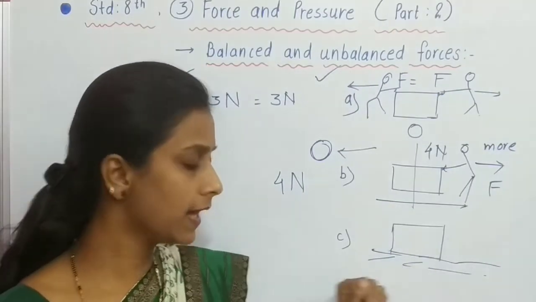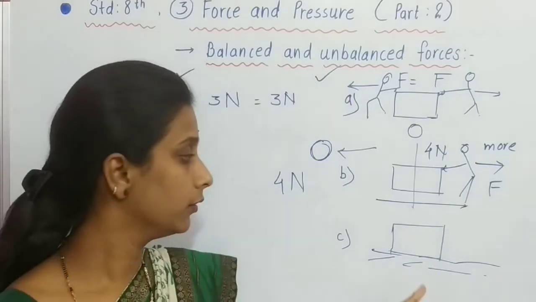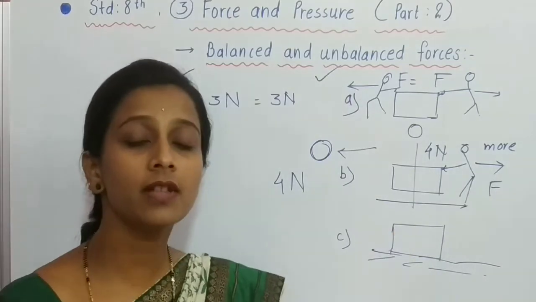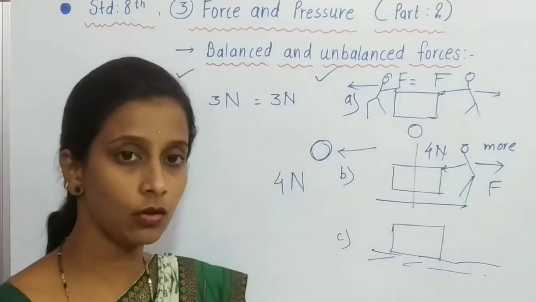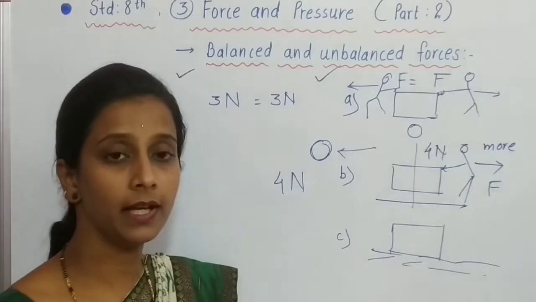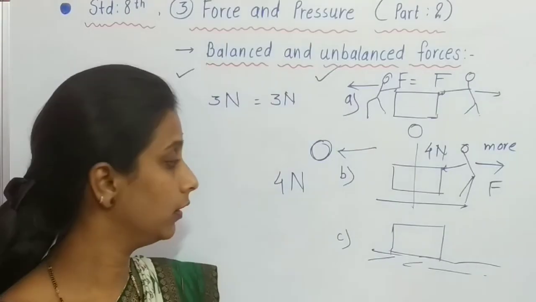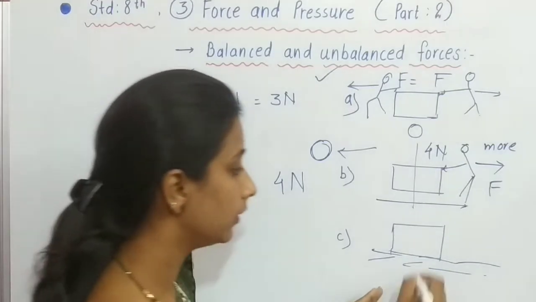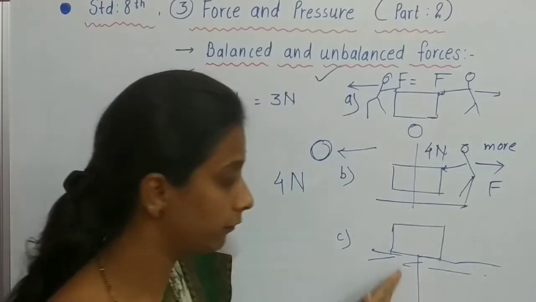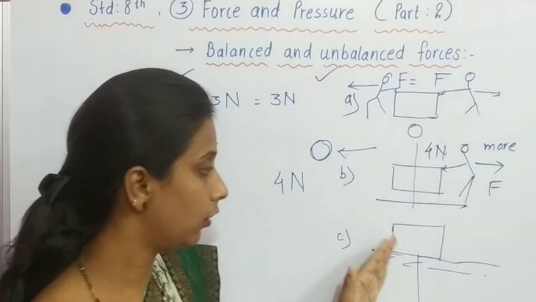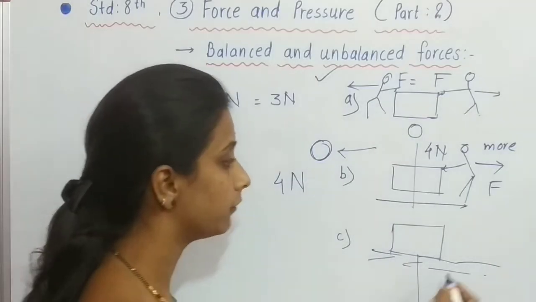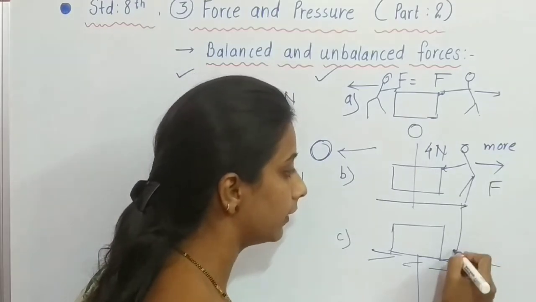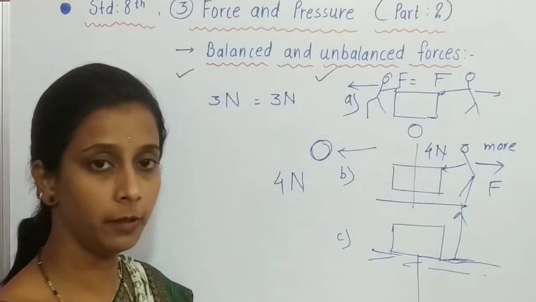As this object is steady, balanced forces must be acting upon this object. So who applied those balanced forces? Now see here, as this object is present on the earth surface, the gravitational force acts in the downward direction on this object, as well as the frictional force of the surface acting from the upward direction.